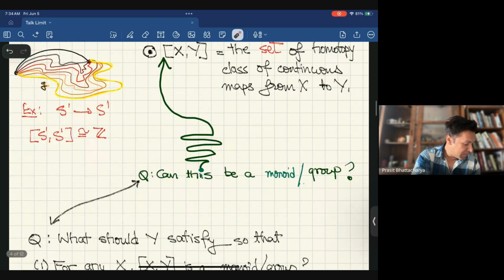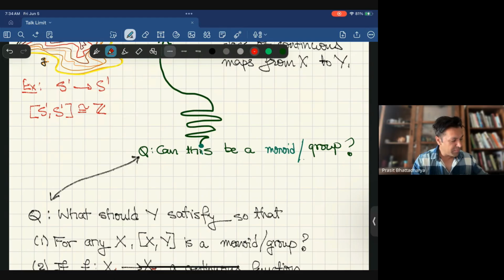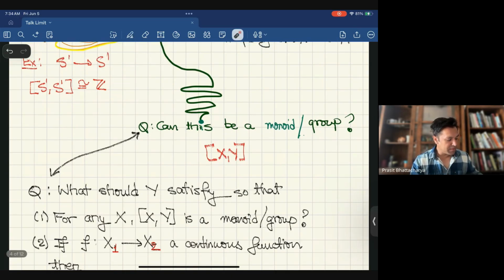Okay, so let me maybe rephrase this question. We are studying homotopy classes of maps from x to y. The question that I'm asking is not about when this becomes a group randomly.